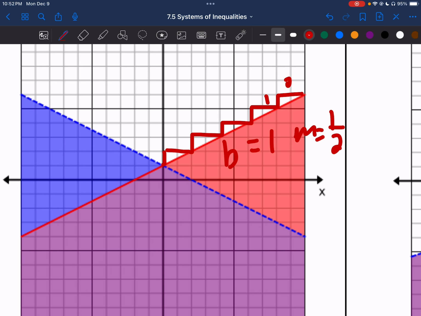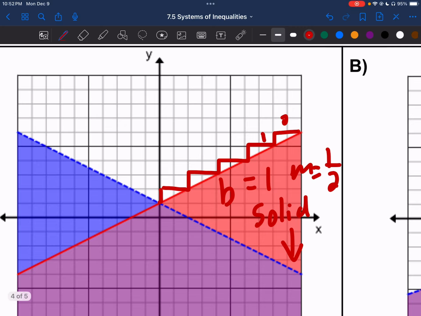It is a solid line, and we shaded it below the line. So let's write that inequality. Y is going to be less than or equal to, because it's solid, our slope 1/2 x plus 1. Okay, y is less than or equal to 1/2 x plus 1.